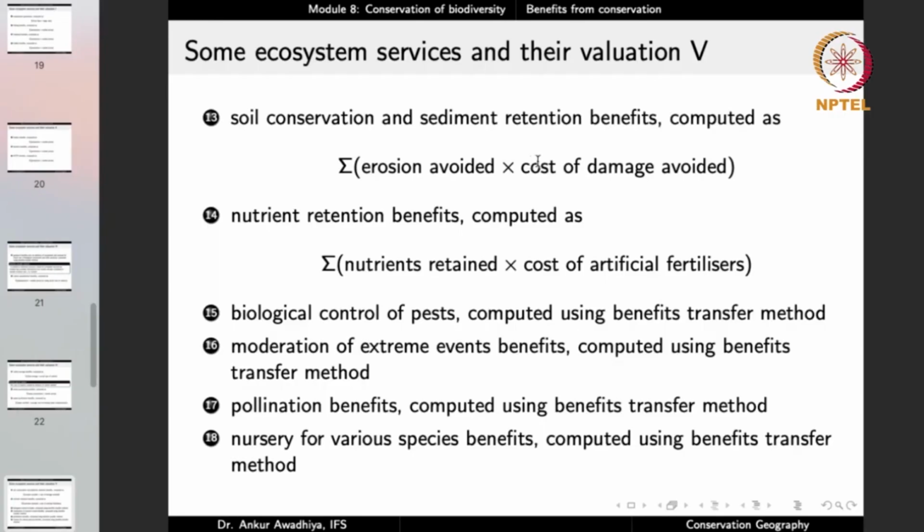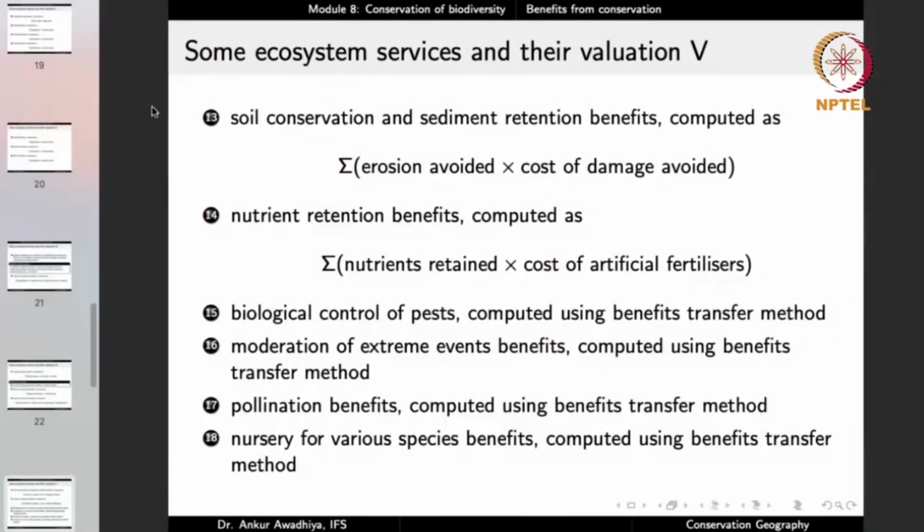Now this cost of damage can be computed by, say, the reduced life of dams. If the dams get silted, then their life reduces. Or the cost of dredging of these dams and different waterways. These are all different costs that are being avoided by the presence of the forest and the wetlands. So this is one way in which we can compute the soil conservation and sediment retention benefits.